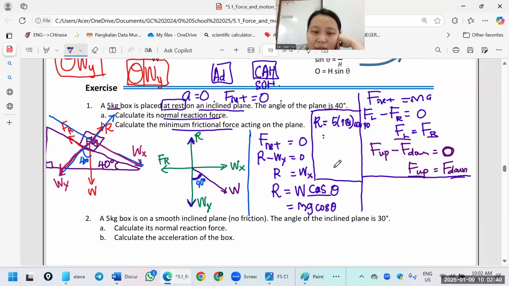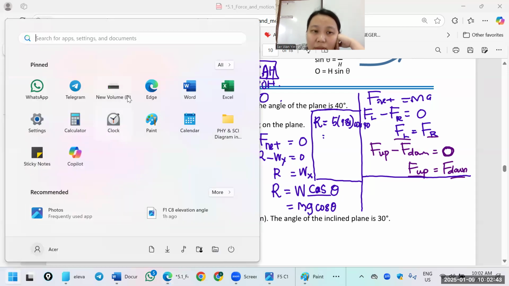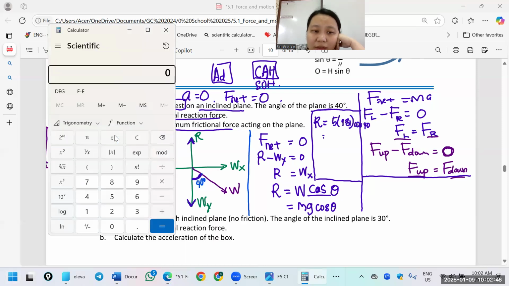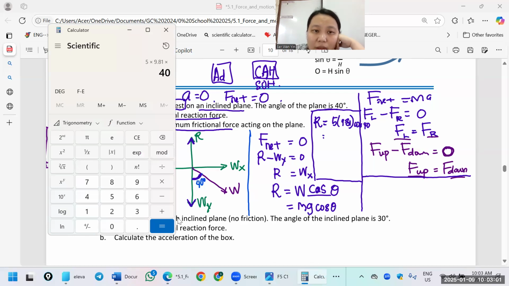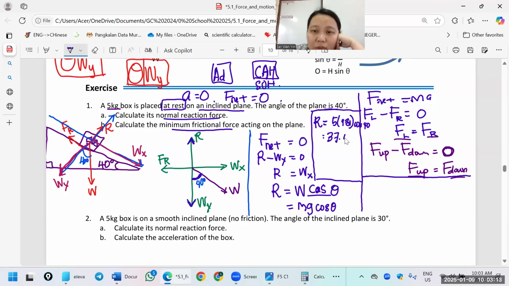So the answer is 5 times 9.81 times cos 40, which is 37.5745 Newton. Yay, thank you, Shiqi.